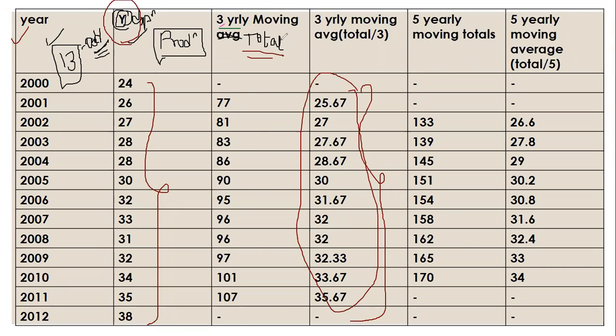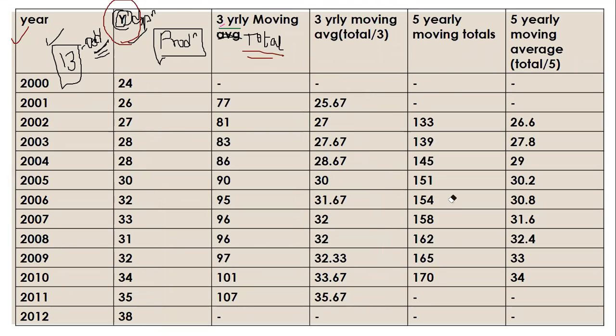We are just adding the numbers, but we are not finding the average. But when it comes to this column, we are finding the average by dividing it by 3. Okay, so this is how you find 3-yearly moving average. Understood? Everybody understood?